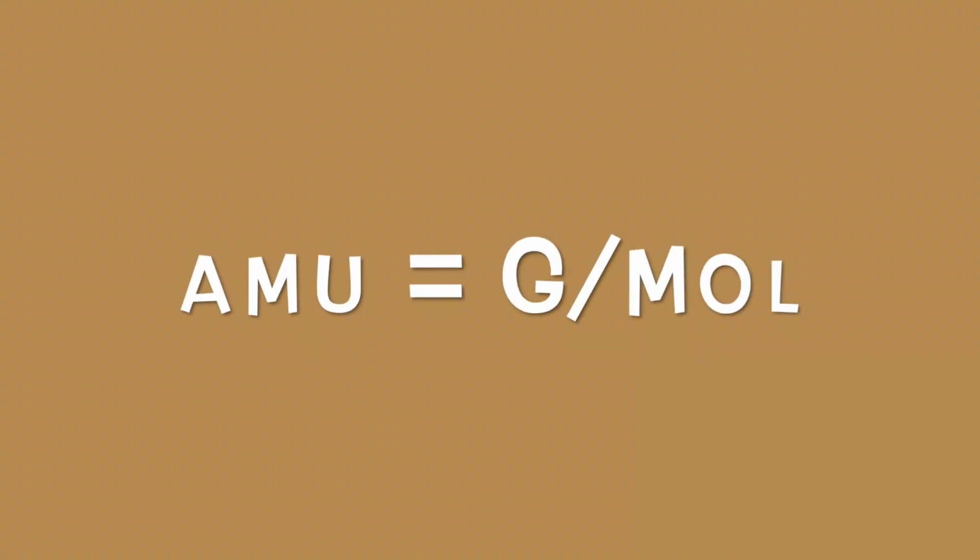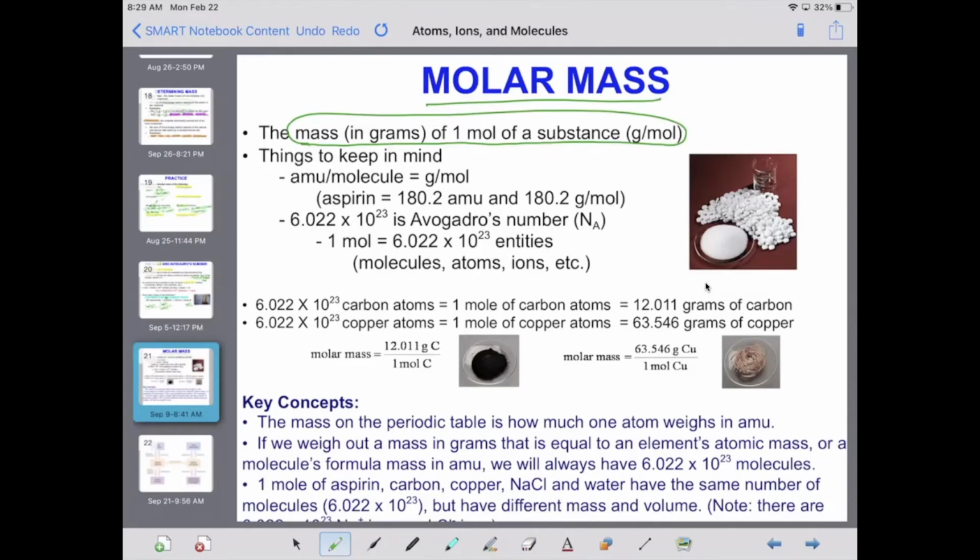And it turns out it's exactly equal to the atomic mass units for the molecular mass that we determined earlier in this chapter. Molecular mass is the same as molar mass, is the same as AMU, is the same as grams per mole. So things to keep in mind here: atomic mass units per molecule is the same as grams per mole.